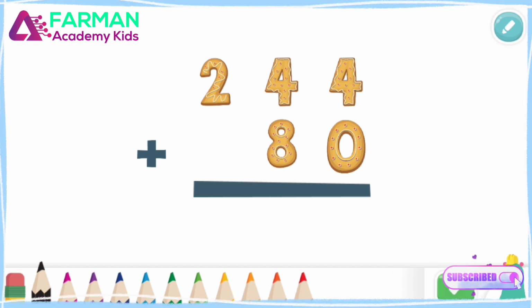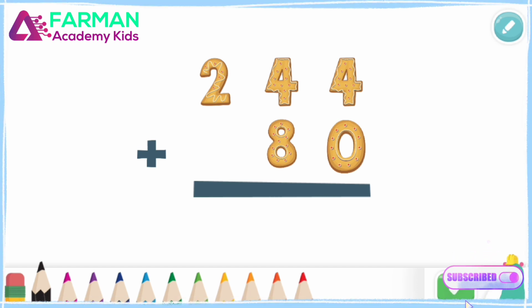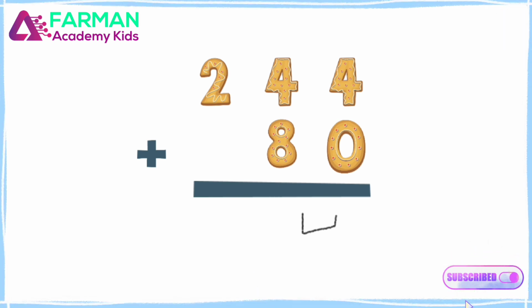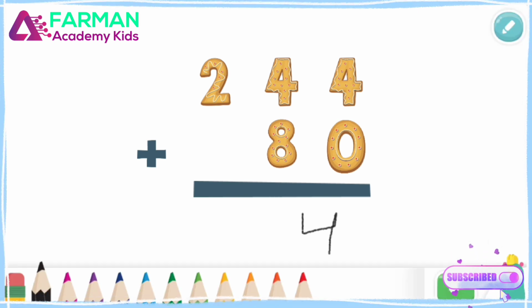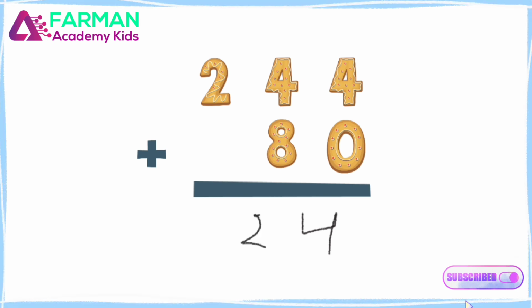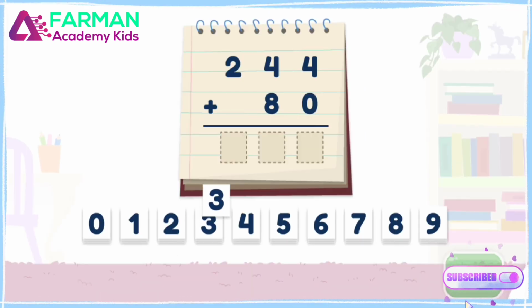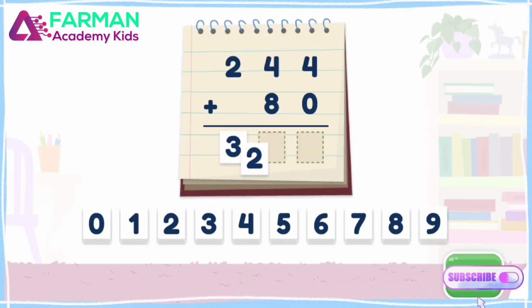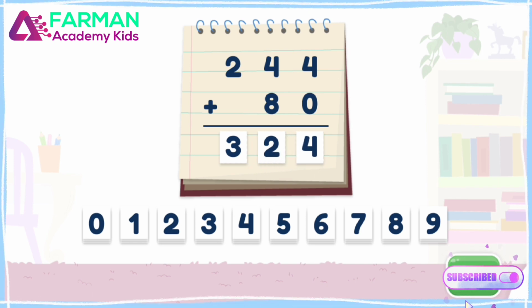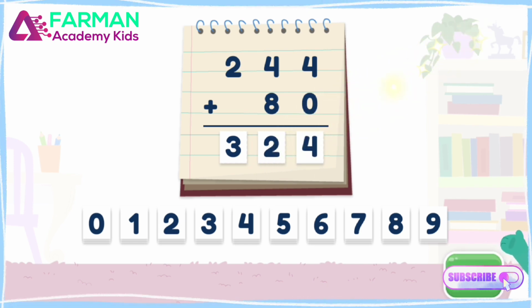Let's subtract. Start with the ones place. Remember, you can borrow 100 from the hundreds place if you need to. Press the green button when you're done. What answer did you get on the last question? That was so fun! Thanks for playing with me!